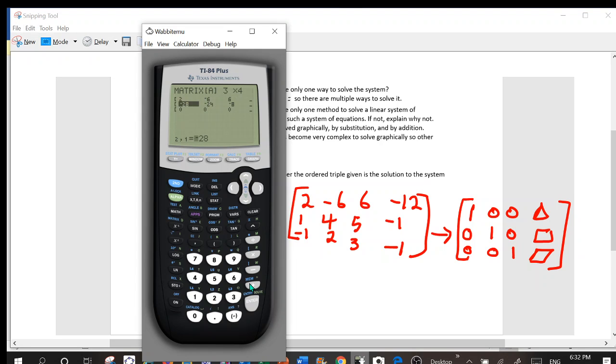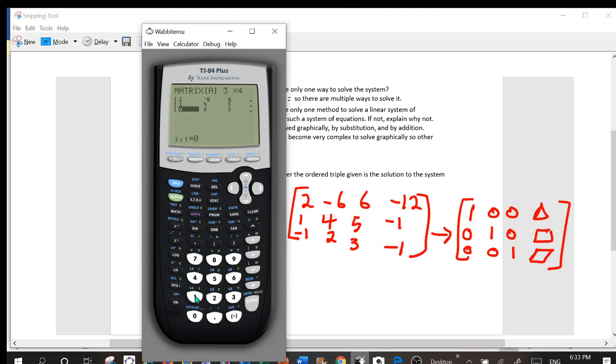So we need 1, and so we need to clear that and put 1, enter, and put 4, enter, and put 5, enter, and then negative 1, enter, and it goes to the third one.